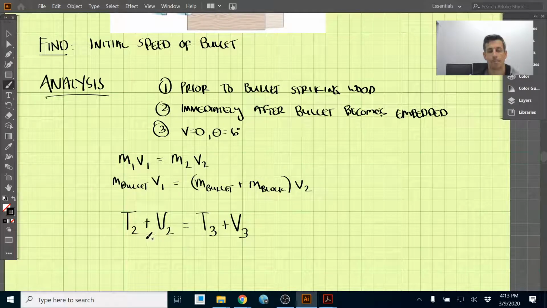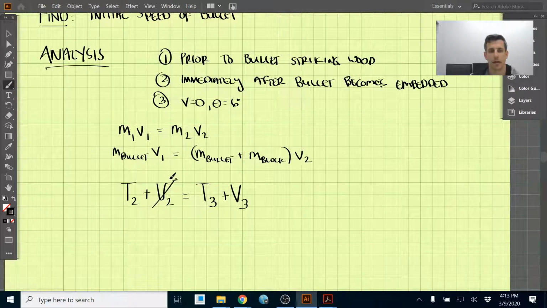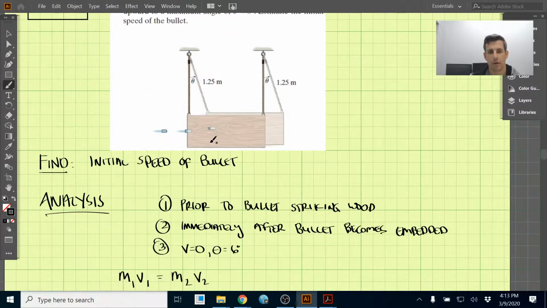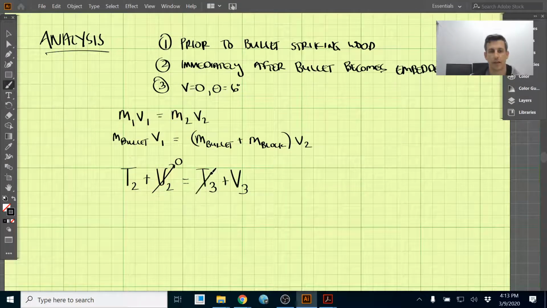Now, at state 2, we're going to call that 0 potential energy. So that's right when the bullet becomes embedded. This thing hasn't started to swing up yet. So we're going to call the potential energy at that state 0. And then state 3, after it swings all the way up to 6 degrees, it comes to rest. So the kinetic energy at state 3 is 0. So we just have T2 equals V3 here.